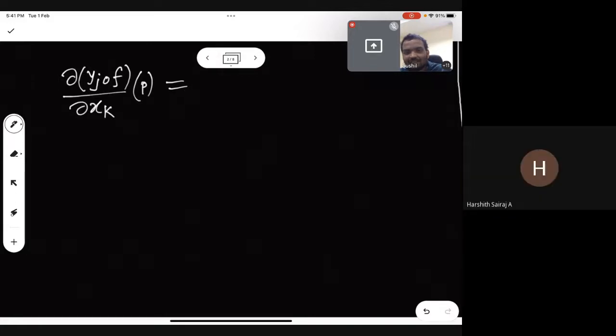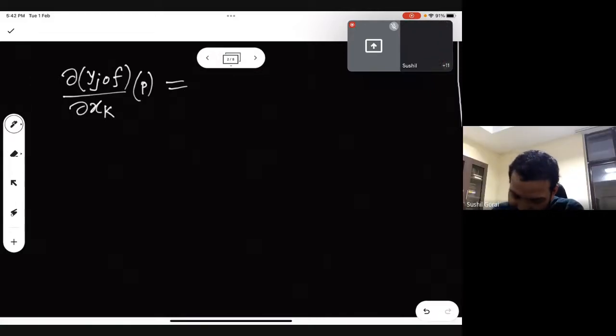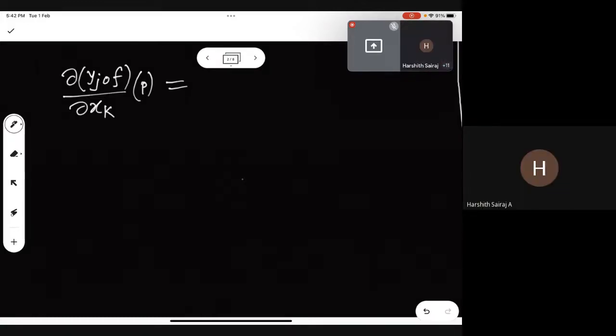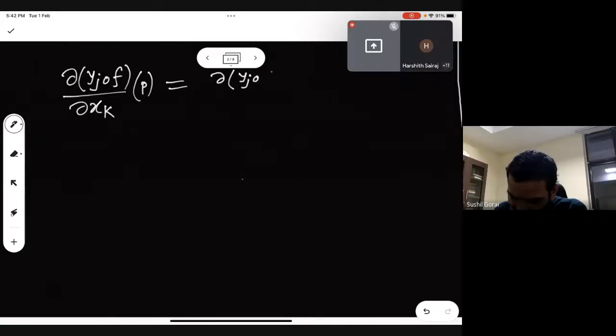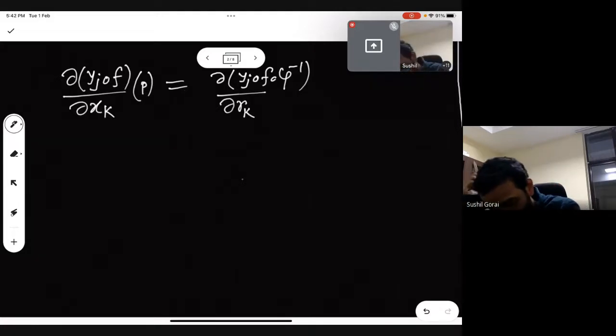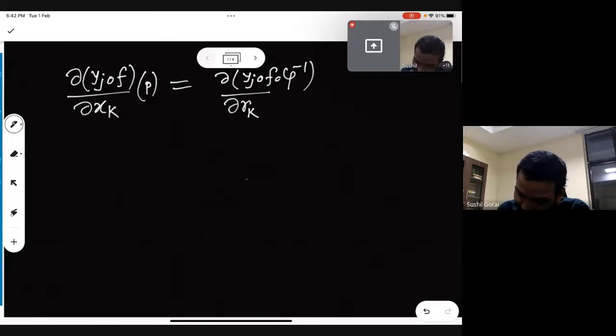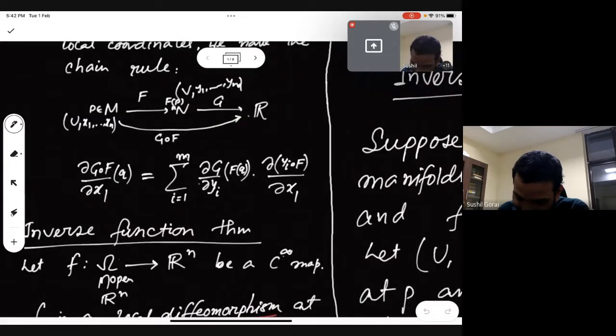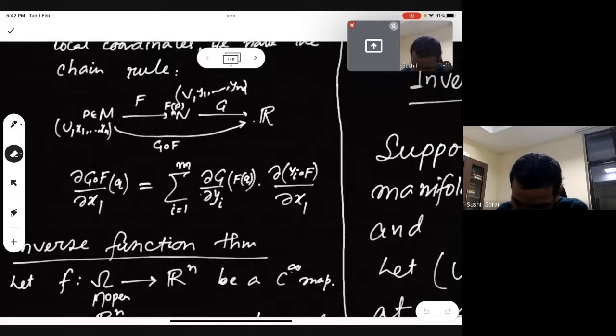Apply phi inverse and then take the partial with respect to rk. Yes, this is phi inverse. I missed the notation again. You should have remembered; last time we fixed the notation. I messed up the notation.